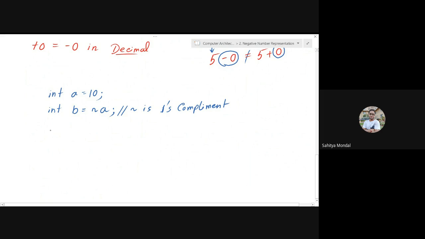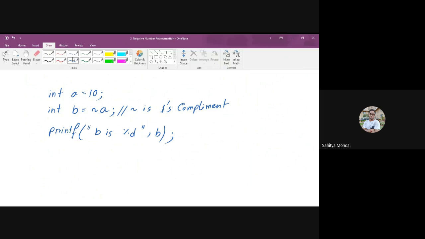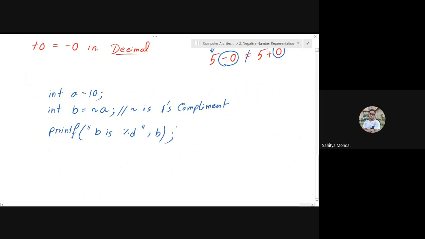Okay, if I write printf b is percentage d comma b. Now tell me what is the output. বলো আউটপুট কি হবে? আউটপুট বি ইজ কত?